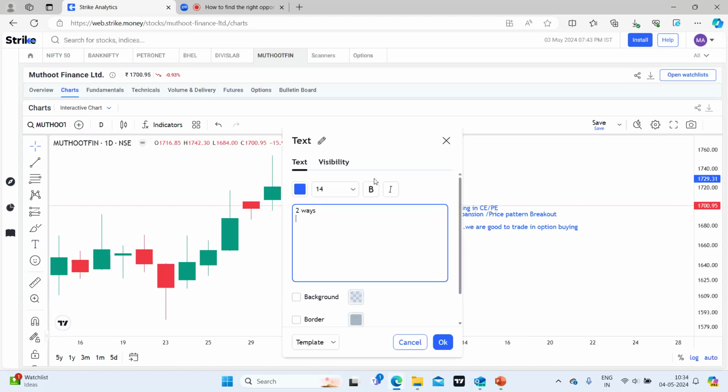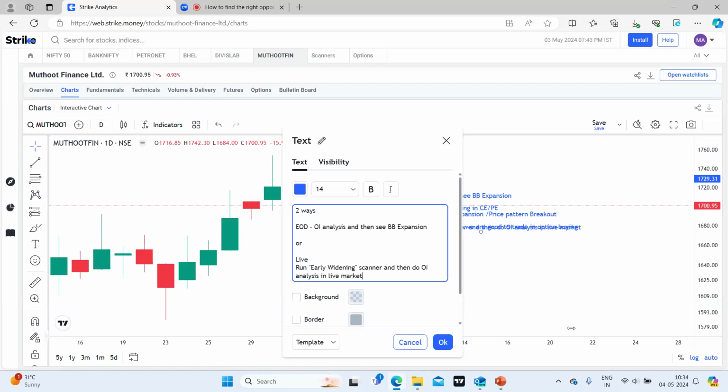One is you do EOD OI analysis and then see Bollinger Band expansion. Or in live market you run the early widening scanner and then do OI analysis.